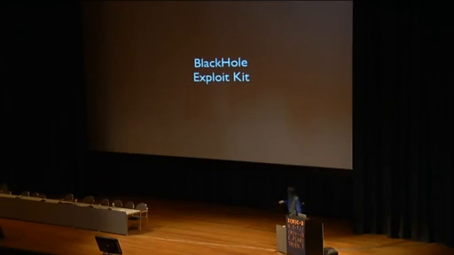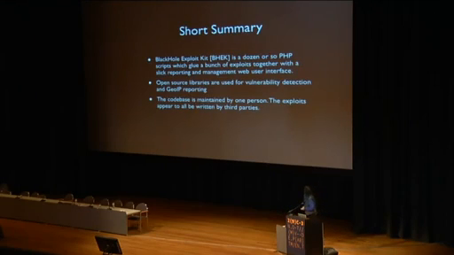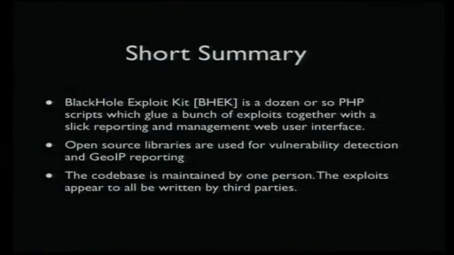So, Blackhole exploit kit is basically a bunch of PHP scripts that present a very shiny, user-friendly interface to the cyber criminals who are renting it. It reports all kinds of statistical information about which country all the victims are from, and what browser and OS version they're running, and so forth.